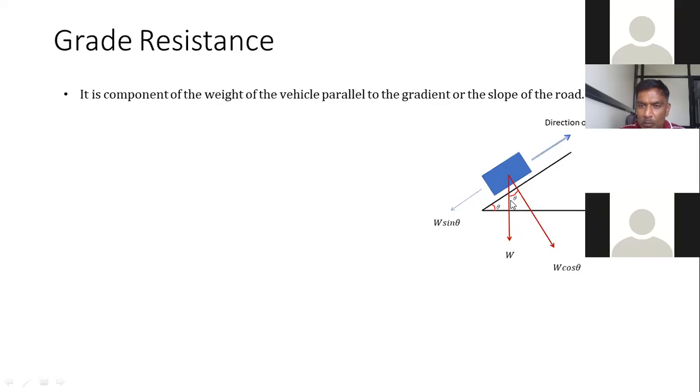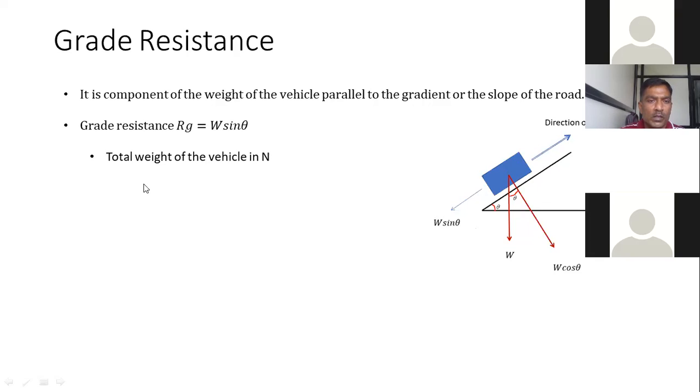So we can get the value for this corner as theta. W is acting in the downward direction. When resolved along this line, it becomes W cos theta. When this W is resolved along the slope or along the gradient, then it becomes W sine theta. Therefore, grade resistance Rg is equal to W sine theta.